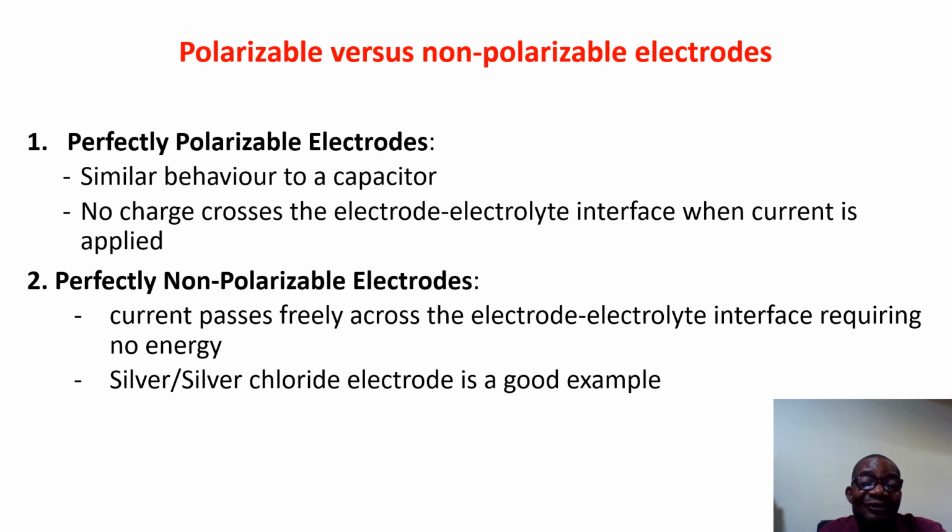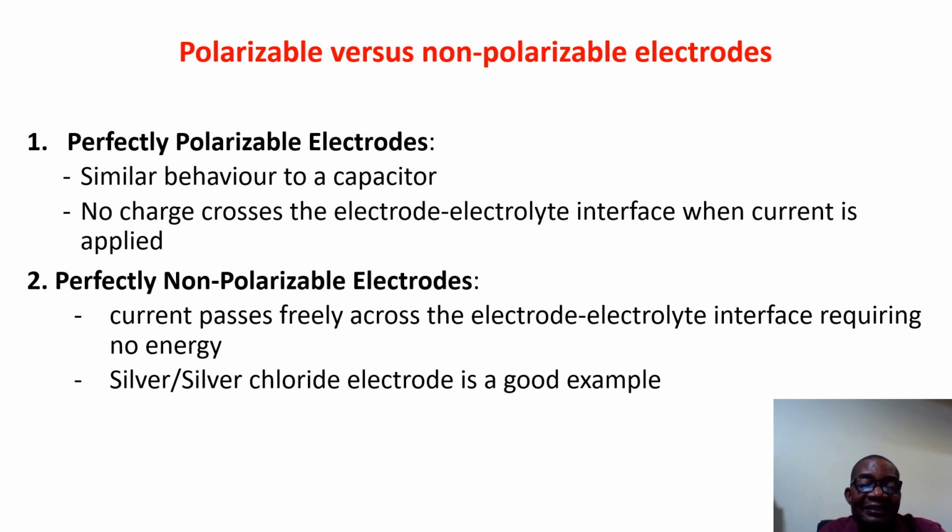Usually a capacitor stores charges and creates an environment in which current cannot easily flow. So that is what happens in a polarizable electrode. While in a non-polarizable electrode, current passes freely across the electrode-electrolyte interface.